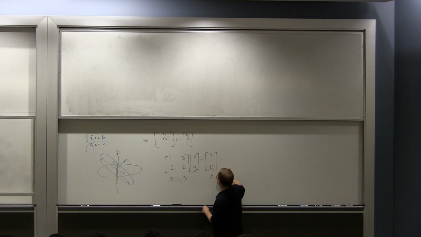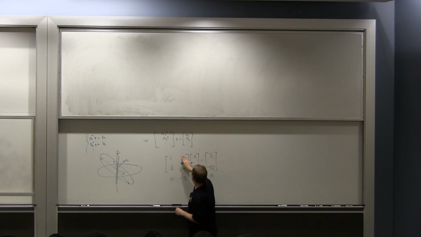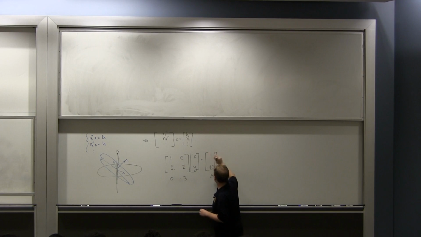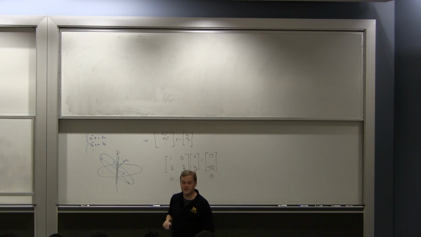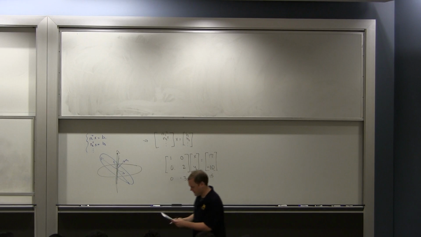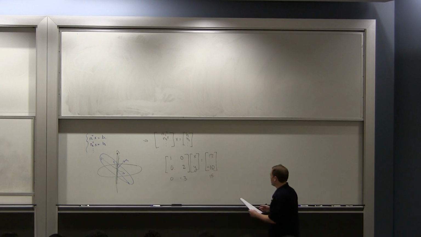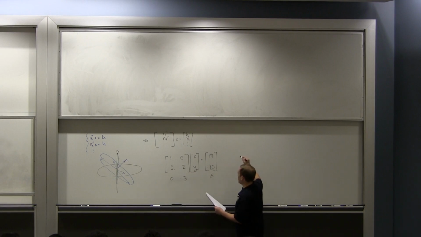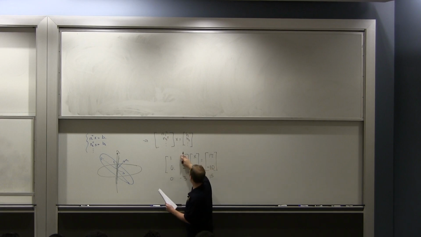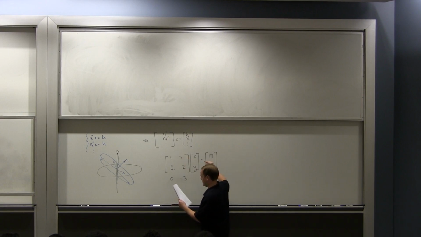Now I add this row to this row. And now I'm going to get a 0 here and a 17. I think something went wrong here. I don't think that was my answer. What did I do wrong? I shouldn't have erased my previous work, because now it's a little hard to reconstruct this. Let's see. I had 1, 3, and 2.